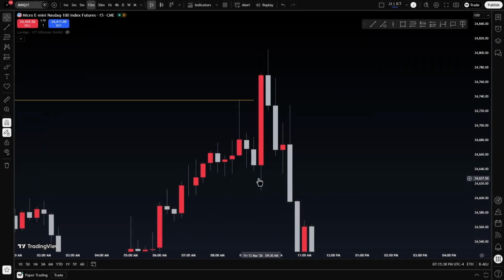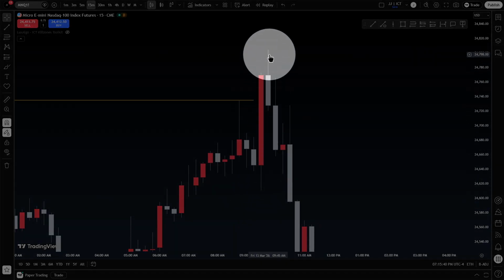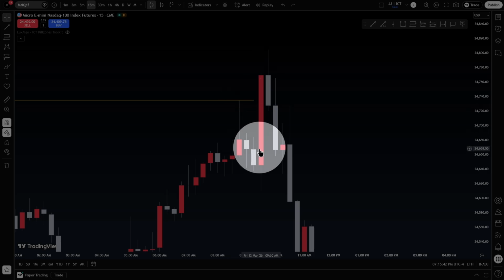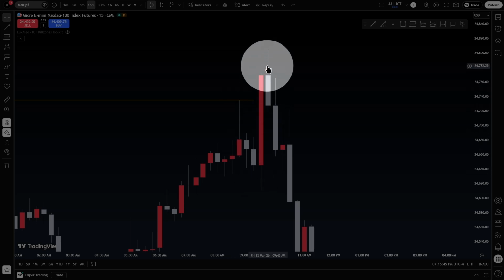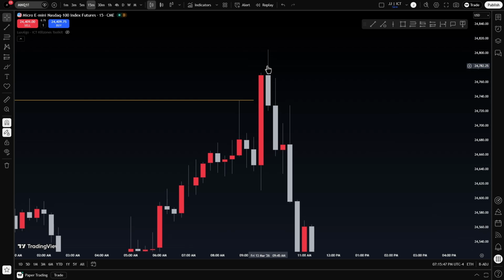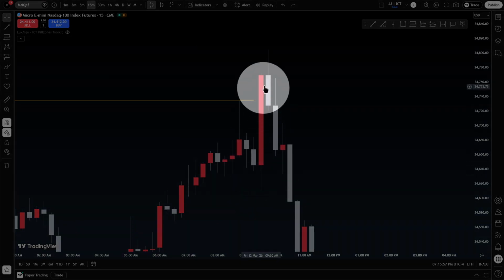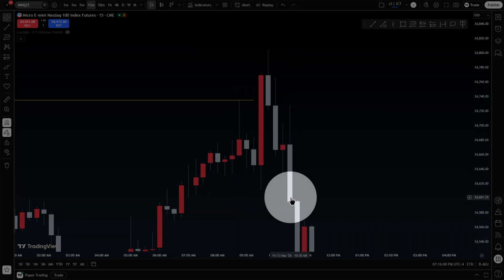The first move takes out the uninformed retail traders, their stop losses. The second move liquidates their accounts, making them scramble to deposit money into their account and sell.